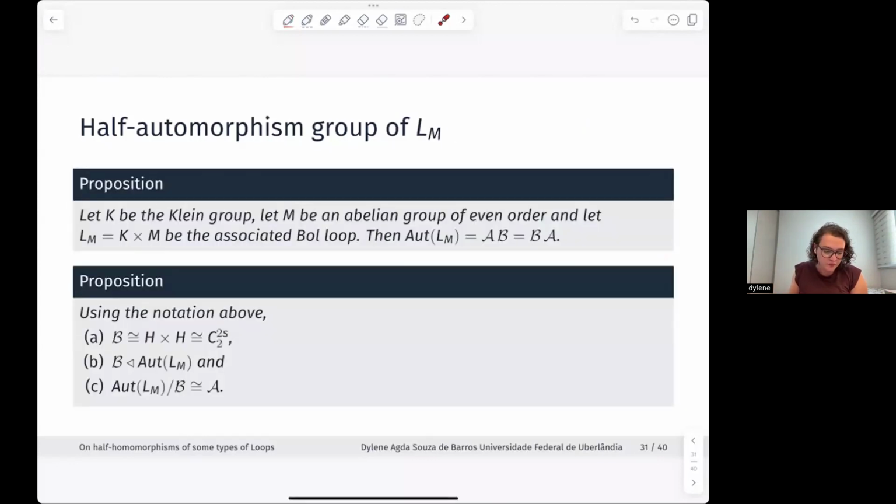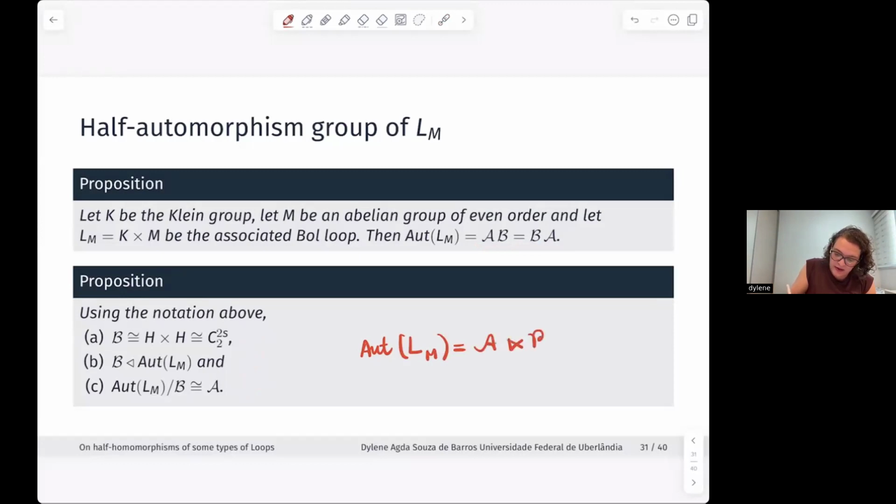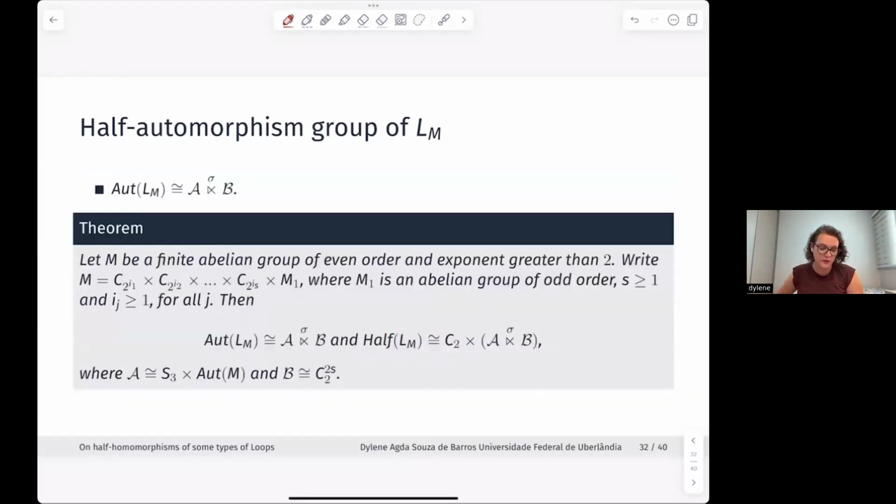So the automorphism group of Lm, when M has even order, has the product AB equal to BA. We have these properties over here, okay? And then using that, the automorphism group of Lm is just the direct product of A and B that we have here, okay?